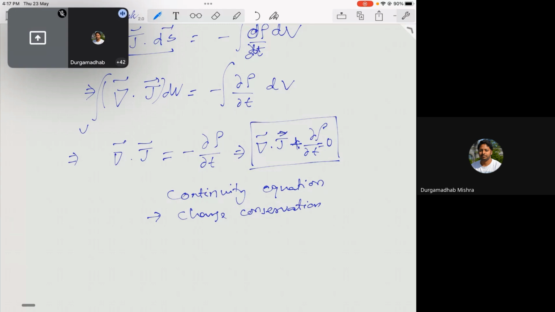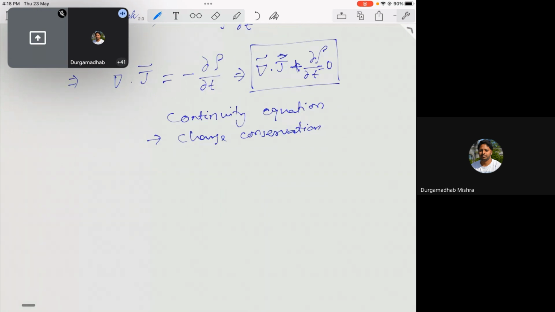As I said, a magnetic field will be produced due to a current or current density. And how do we find out the magnetic field produced due to a certain current?